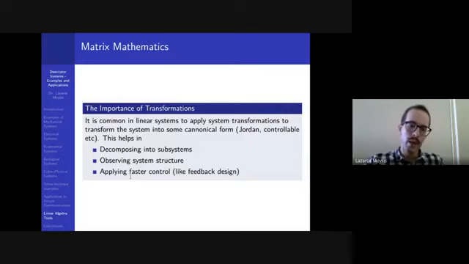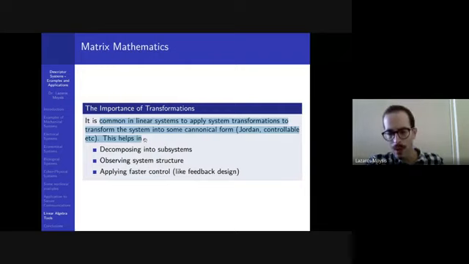In state space systems, we do a lot of transformations to decompose the system into subsystems. We can easily observe system structure. We can apply faster control, like feedback design. So transformations are very well known and very common in state space systems because they're very helpful in studying and simplifying systems. This is the case as well for descriptor systems.